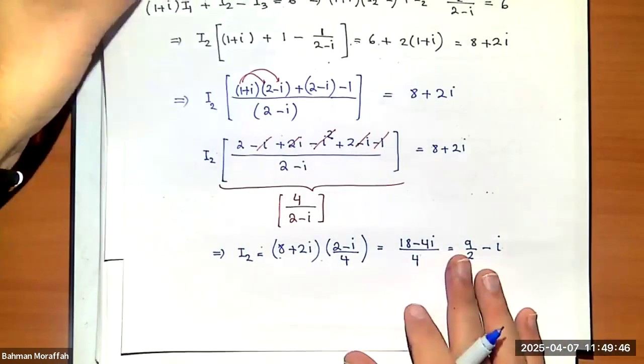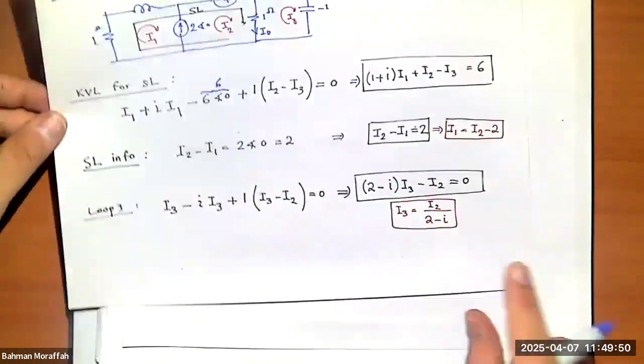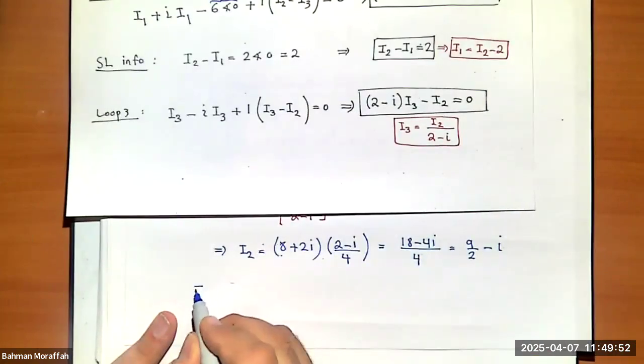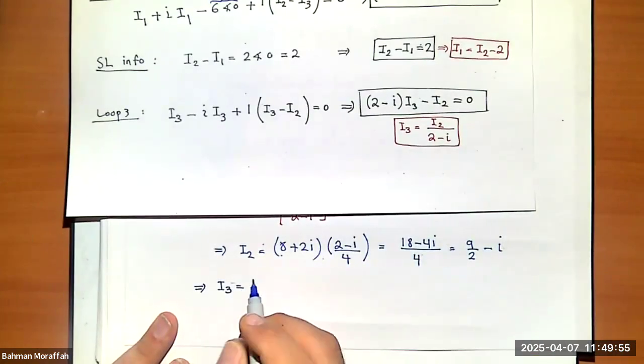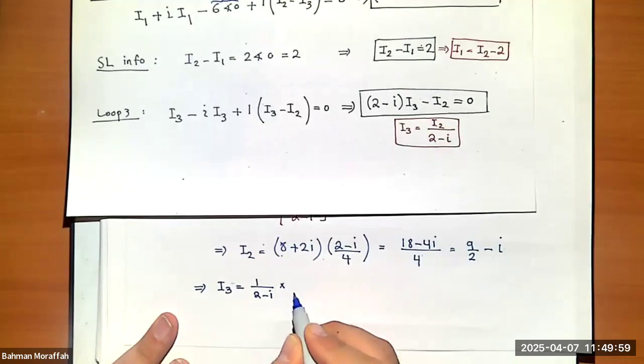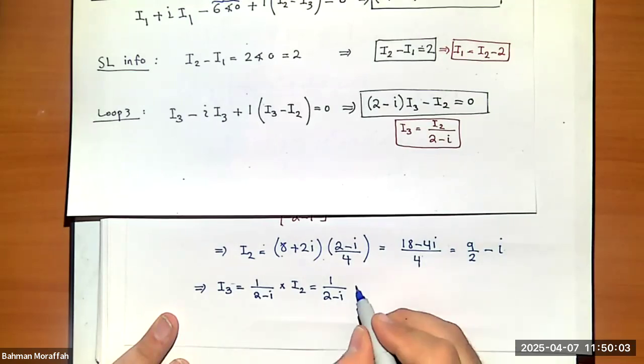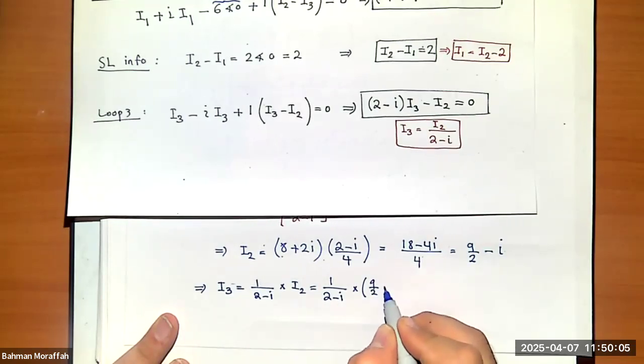Remember, I3 is I2 divided by 2 minus I. So I3 is 1 over 2 minus I times I2, which is 1 over 2 minus I times 9 over 2 minus I.